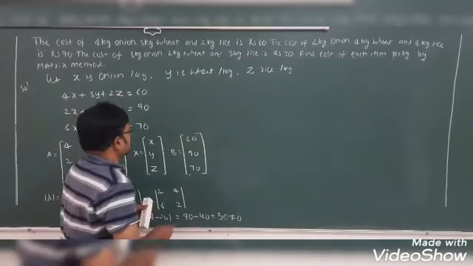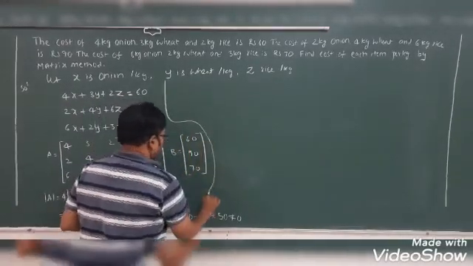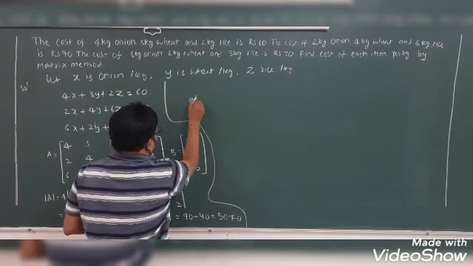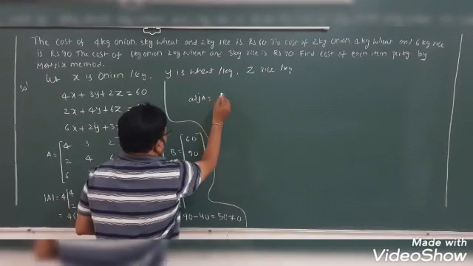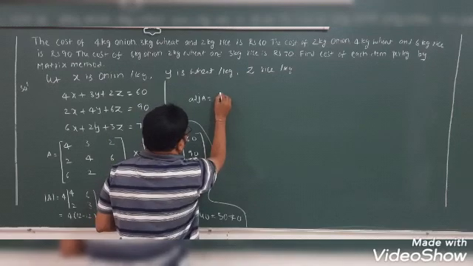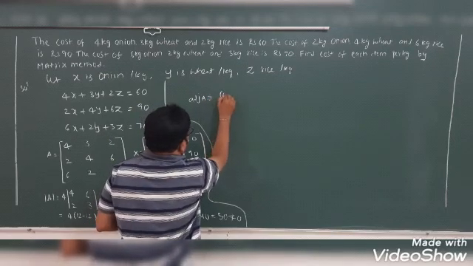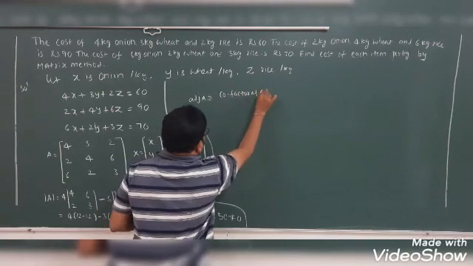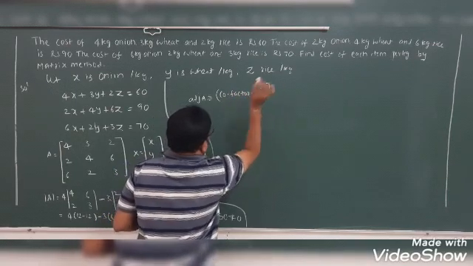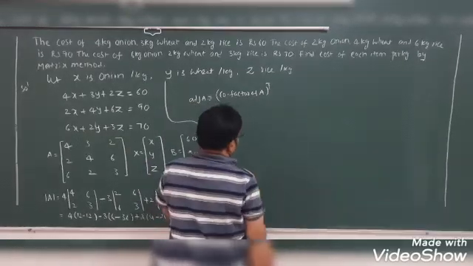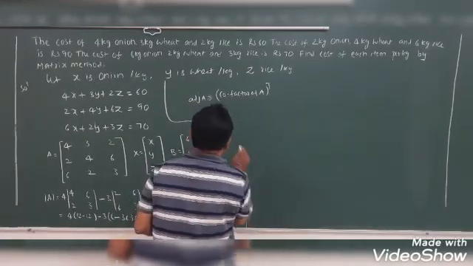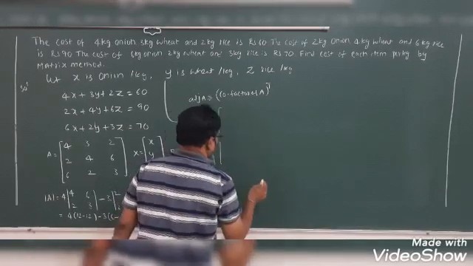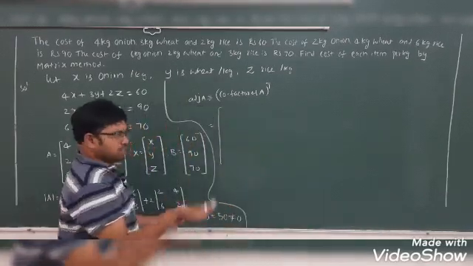So next we have to find this adjoint A. Adjoint A is equal to the cofactor of A whole transpose. So how to get the cofactor? Already we explained in the last problem, many problems.